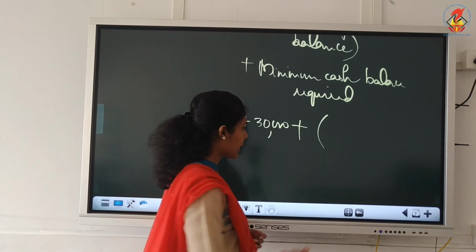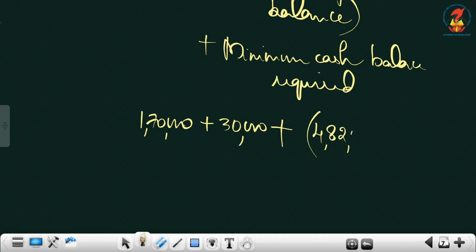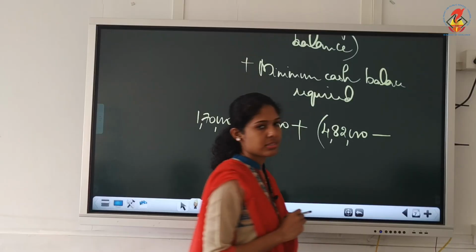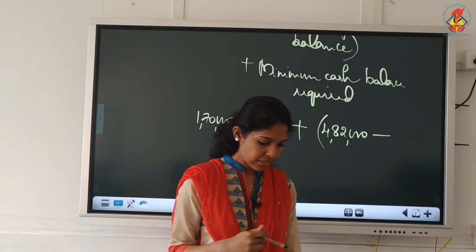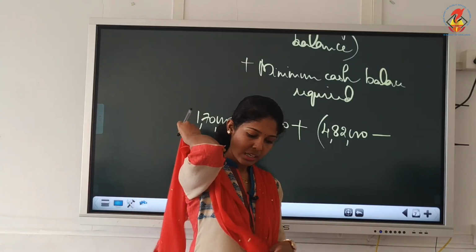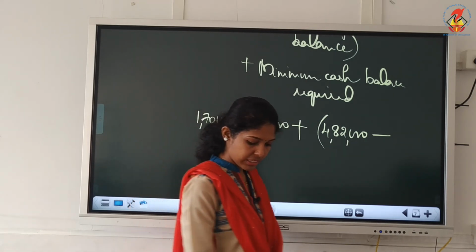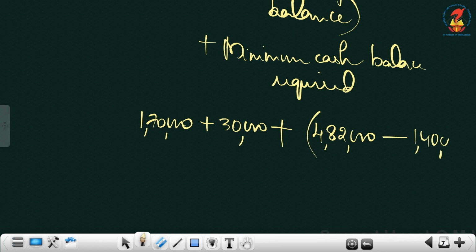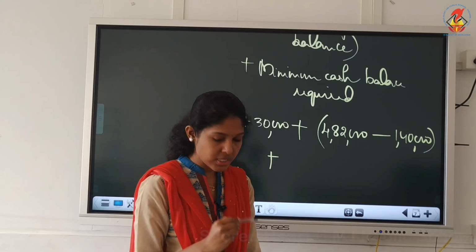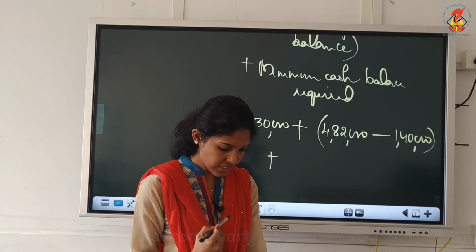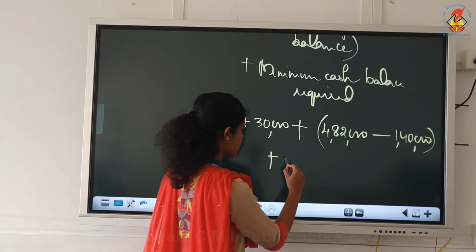Balancing figure is 4,82,000 minus the existing cash balance. Existing cash balance is there in the balance sheet, given as rupees 1,40,000. So that we will deduct now. With that, the minimum cash balance needed, which is given in the adjustment, is 58,000.